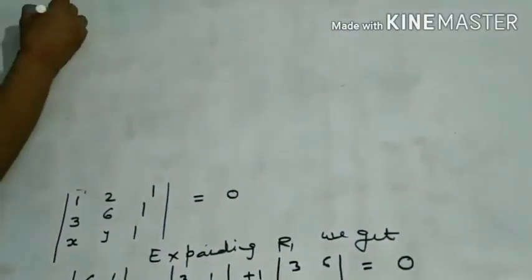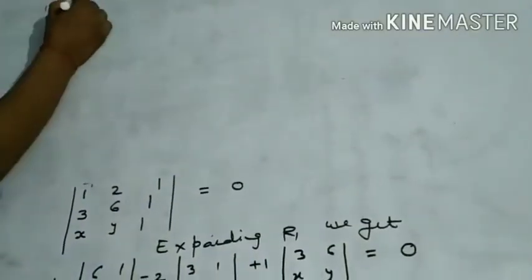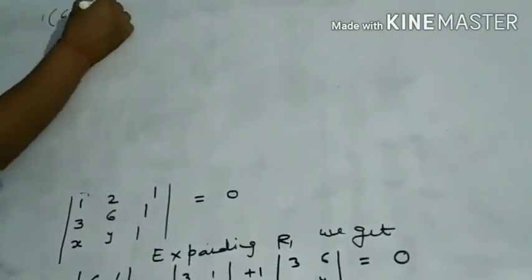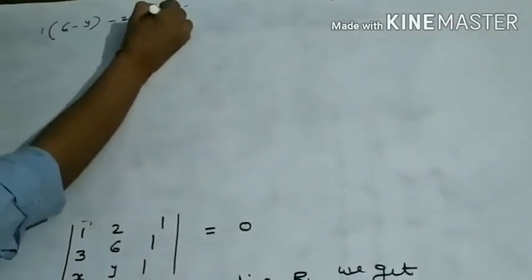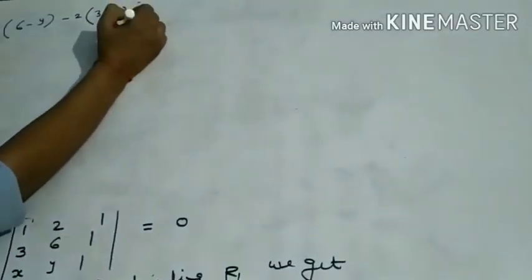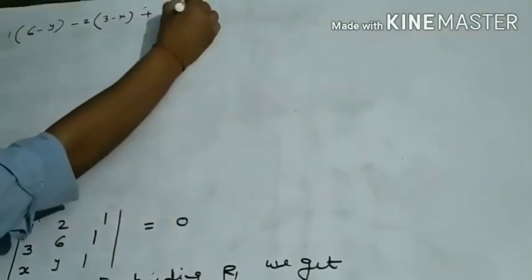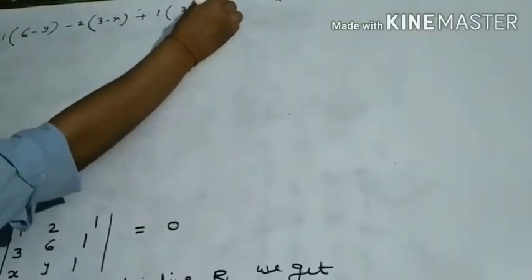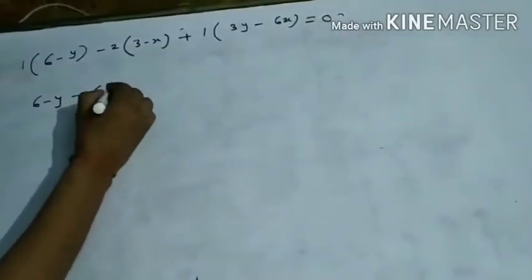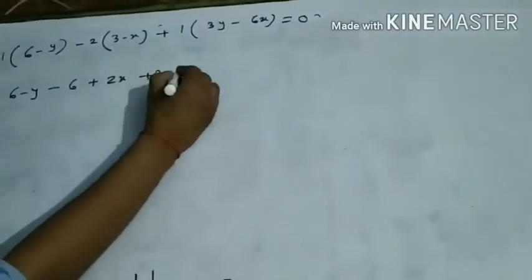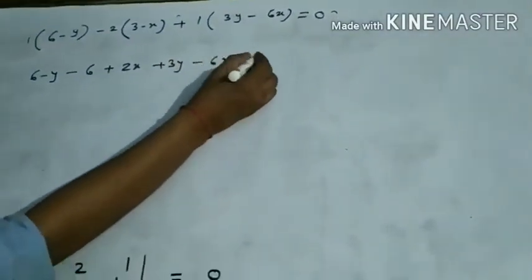Here 1 times 6 minus y, and then minus 2 times 3 minus x, then plus 1 times 3y minus 6x, this is equal to 0. Or this is 6 minus y minus 6 plus 2x, and here 3y minus 6x, this is equal to 0.